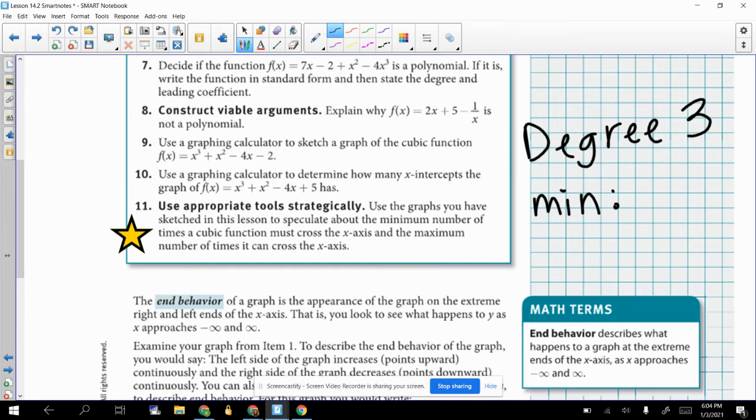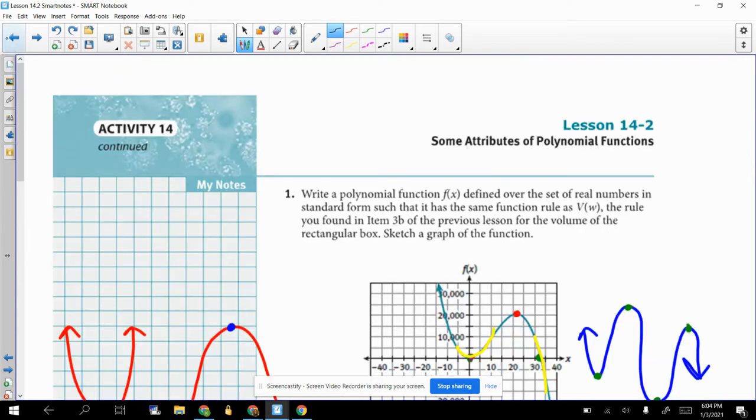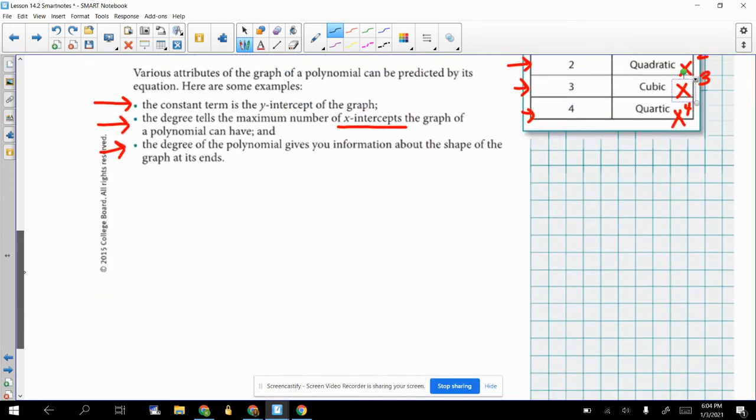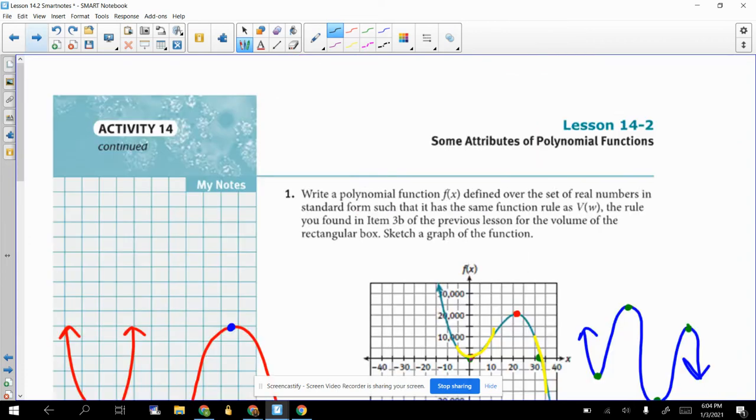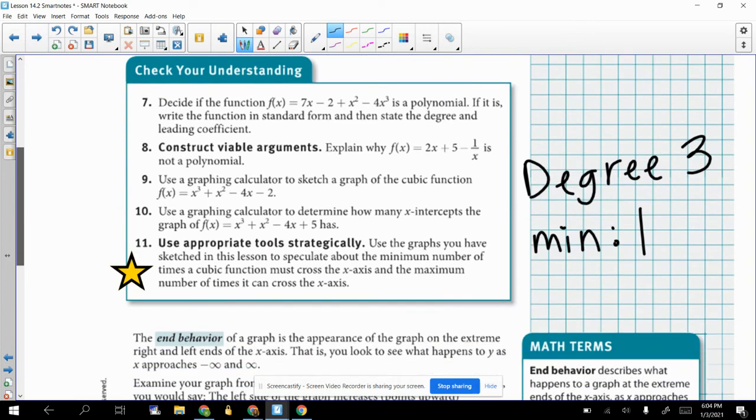And the minimum number of times it would have to cross through the x-axis would be once. But if we look back here, it said right here that the degree tells you the maximum number of x-intercepts, or the maximum number of times it will cross through the x-axis. So that maximum number of times would be 3, because that was the degree.